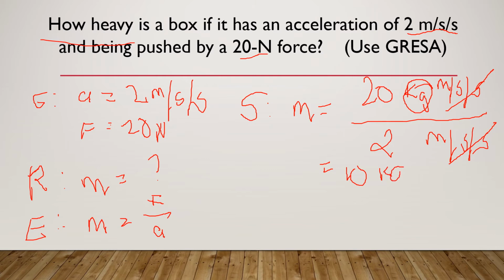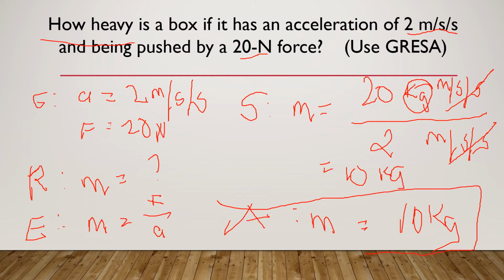So since you already get the correct unit for mass, you need to give the final answer, wherein mass is equal to 10 kilogram. So we have here the correct answer for problem number 3. Mass is equal to 10 kilogram.